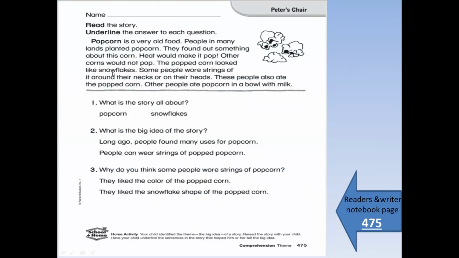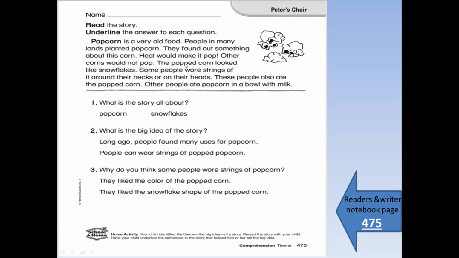Read the story. Underline the answer to each question. Popcorn is a very old food. People in many lands planted popcorn. They found out something about this corn. Heat would make it pop. Other corns would not pop.